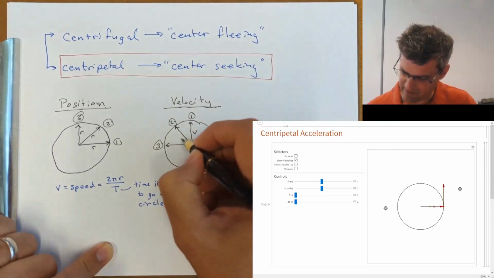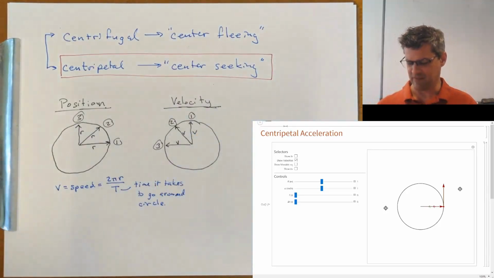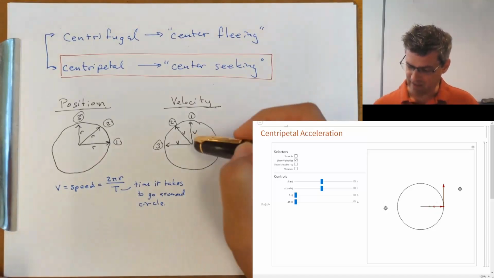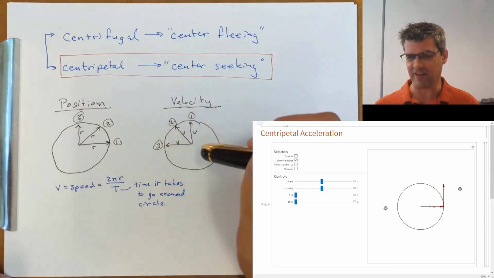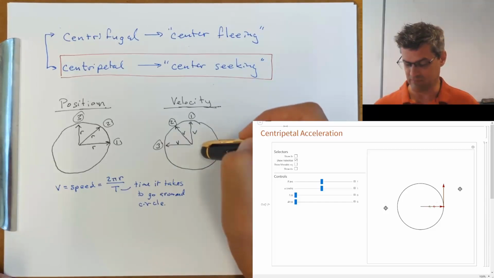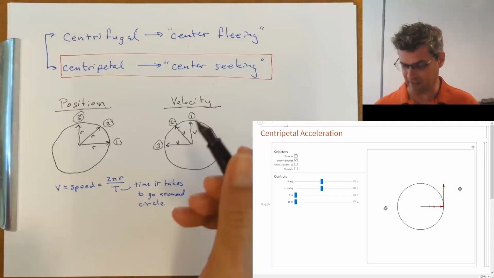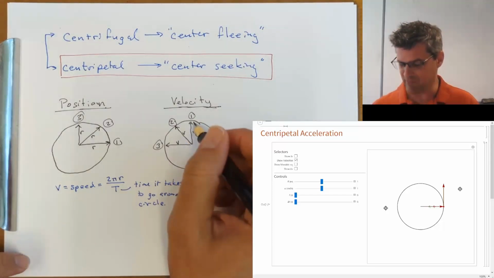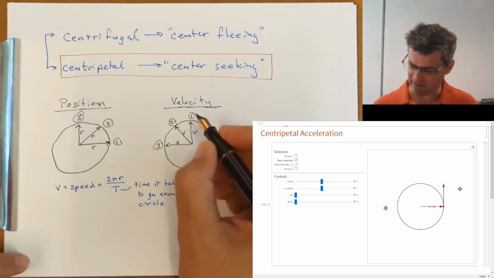Each of these has the same magnitude of speed. And we see that these vectors are basically transcribing a circle as well. The velocity is certainly changing as a function of time because the velocity was initially pointing up, and then it was pointing up and to the left, and then it was pointing to the left.